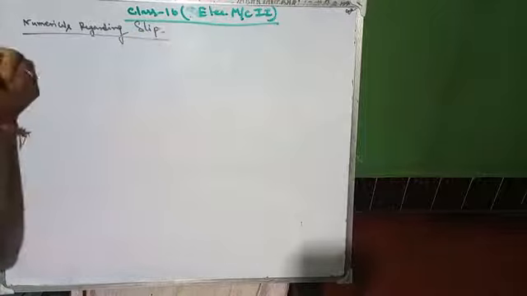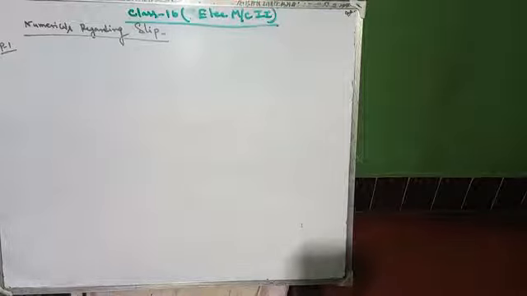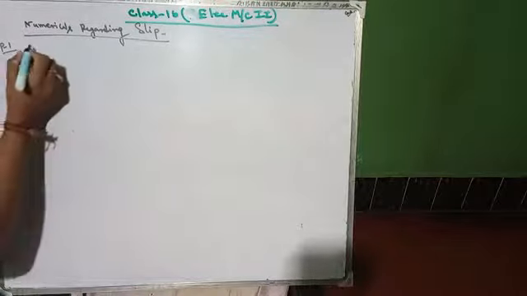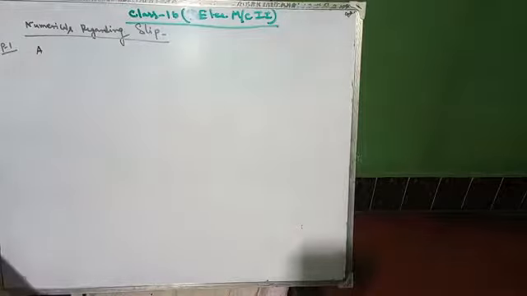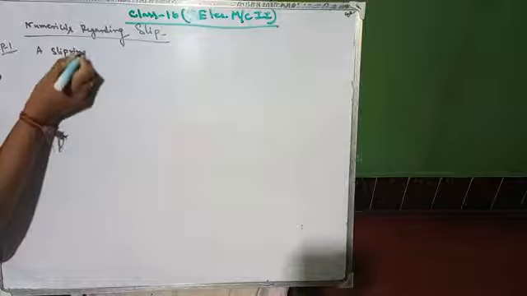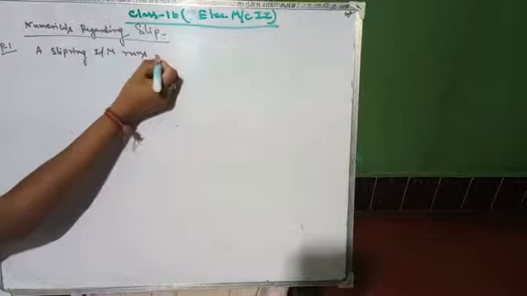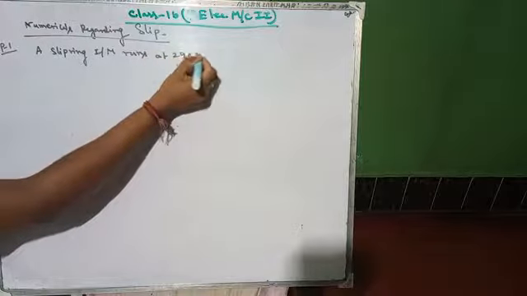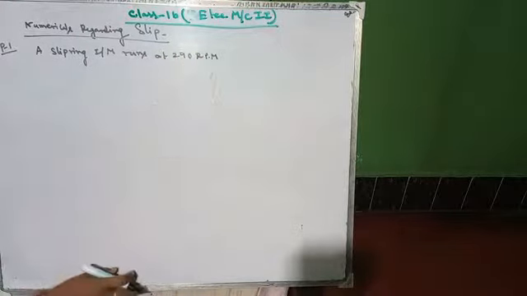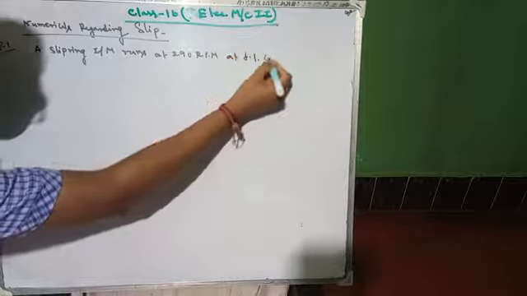Okay. So problem number 1. A slip ring induction motor runs at 290 rpm at full load condition.